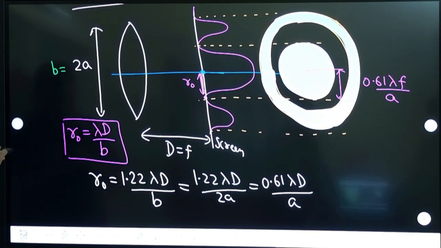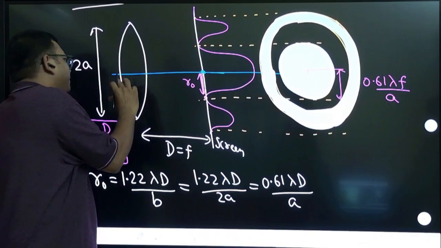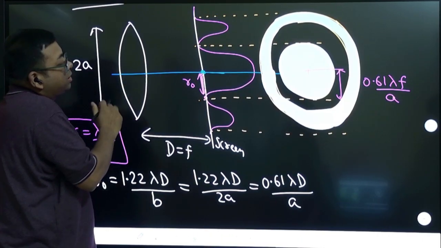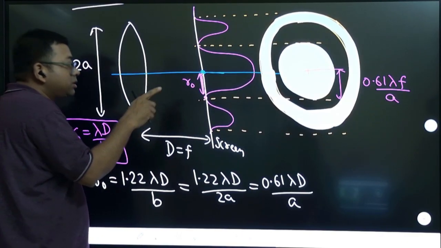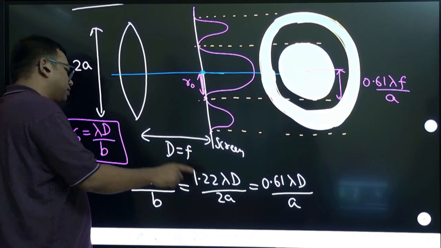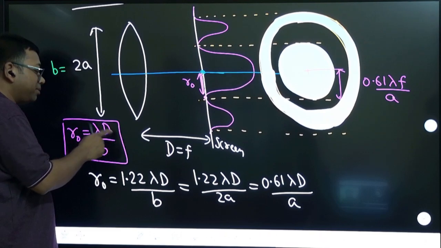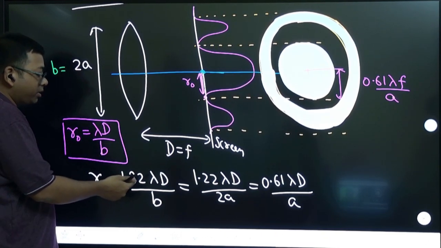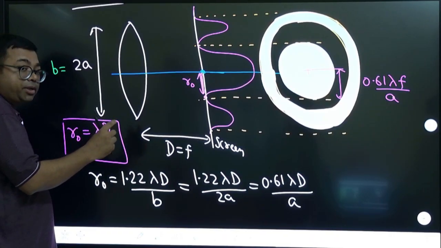That means if you keep a lens, then the lens will show a diffraction effect, and the radius of the bright spot which will be forming is given by this factor. Theoretically we can say it is 1 lambda d by b, but a factor of 1.22 comes because of the circular aperture.